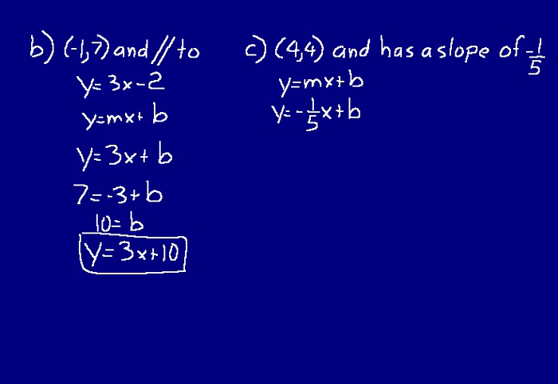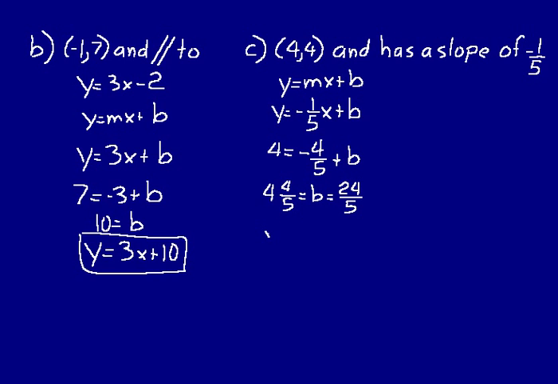That's a good problem because we can't get x and y backwards by accident. So we say 4 is equal to -1/5 x, or -4/5 plus b. And then we'd have 4 plus 4/5 or 4 4/5, is equal to b, and we can write that as an improper fraction, so that would be 24 over 5.